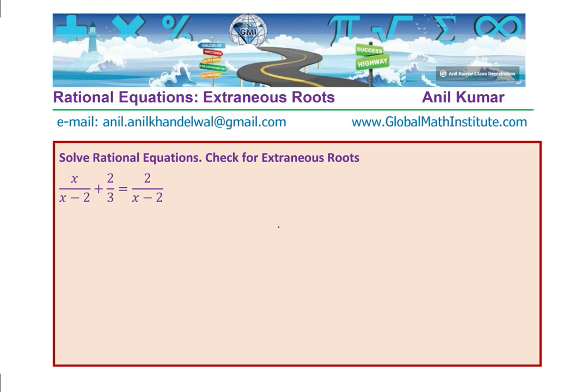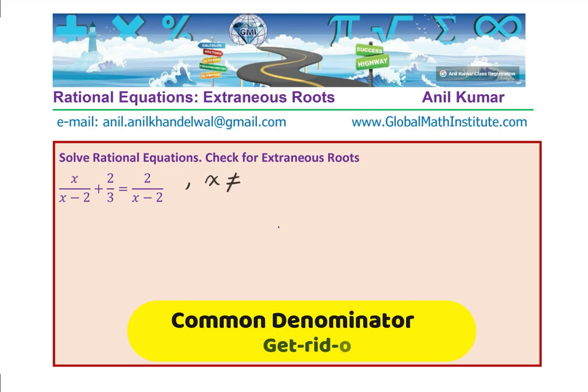So this time we have x over x minus 2 plus 2 over 3 equals 2 over x minus 2. Let us see how we solve this particular question. Now, starting off, we have a restriction, x is not equal to 2, that will make the denominator 0.